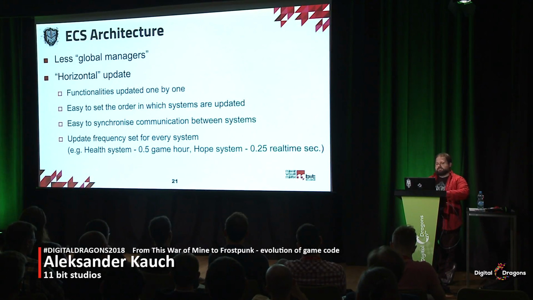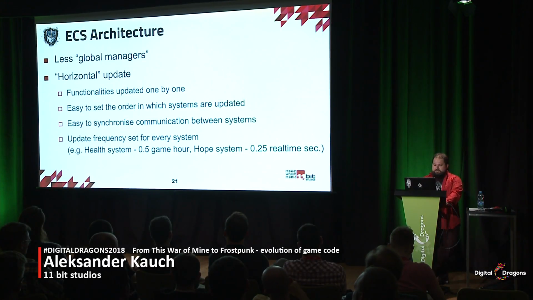And we could establish different frequencies for updates for different systems. For example, our health system, the system that managed citizen health, was updated 2 times per game hour, so tied to game time. And for example, the Hope system was updated 4 times per second, real-time second. So we could easily operate these timers, and they were hard-coded and set by programmers.